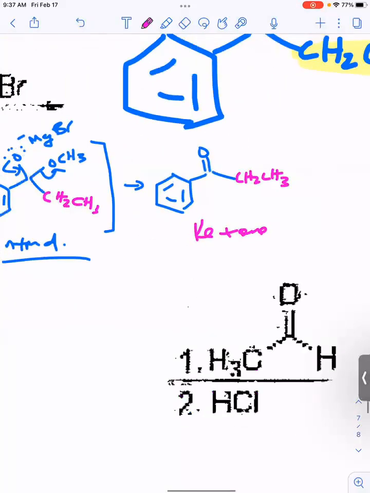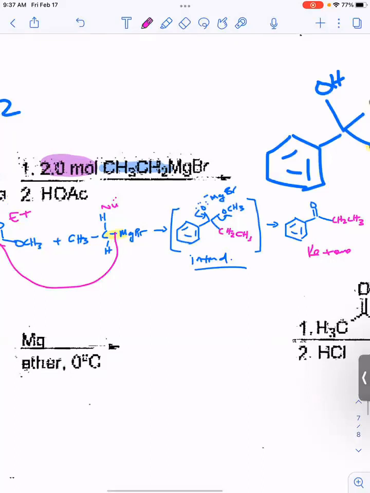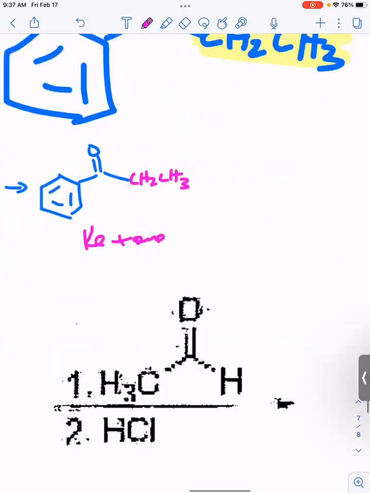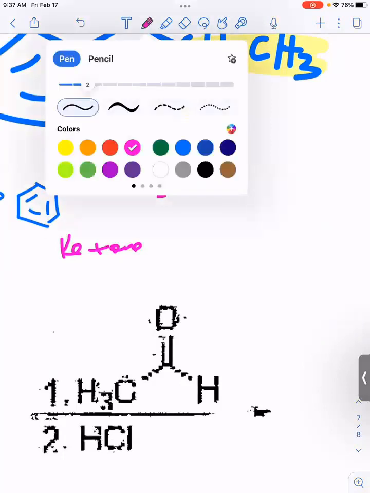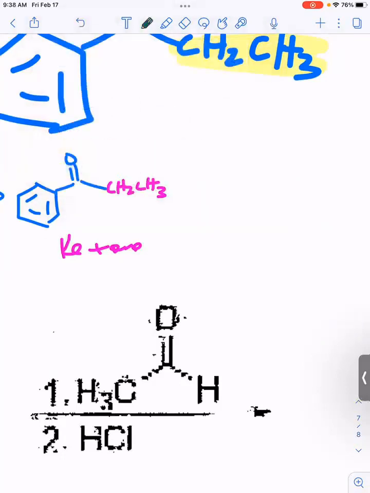But up top, it said 2 moles of Grignard. Is that right? So then I need to show another addition step, because that second mole of Grignard, I'm going to make it a different color.